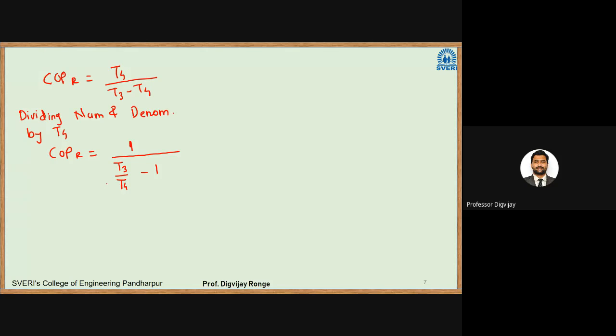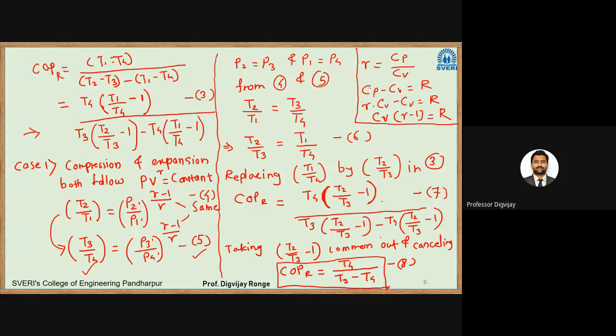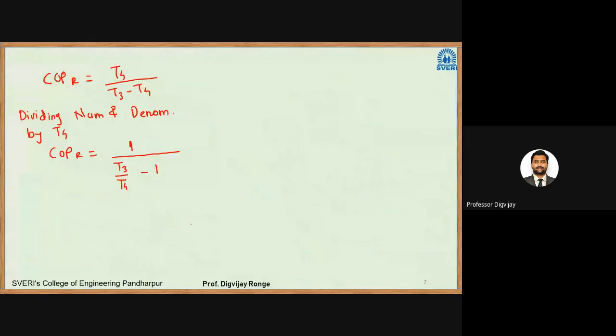Now, see, in the last slide we have derived in expression number 5 that T3 by T4 is equal to P3 by P4 raised to gamma minus 1 upon gamma. So I'll just put it here.